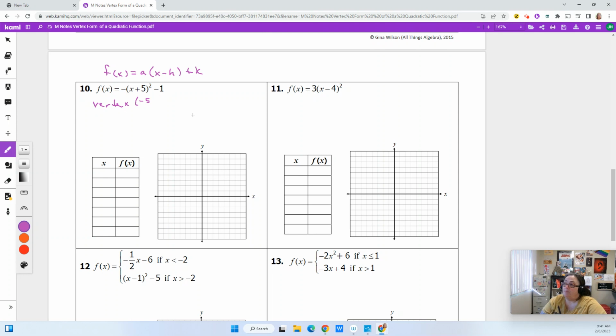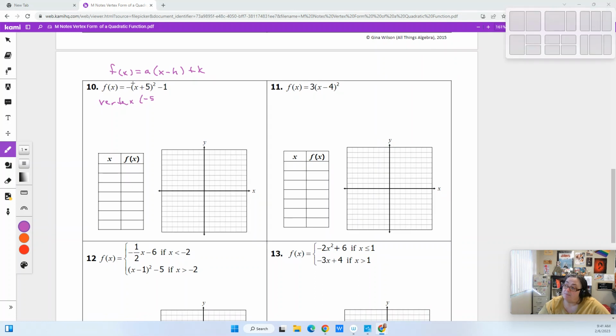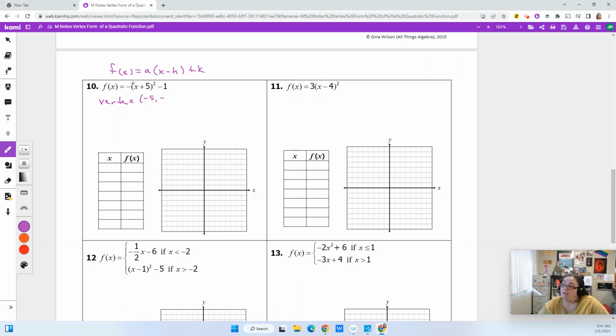But if it's positive, then we had to put in a negative number to make it positive. So I know that if this is a plus inside this parentheses, that we've got a -5 for our vertex. And that only works on the h value, that x value of the vertex, not on the y. And we also learn now that our axis of symmetry is x equals -5.